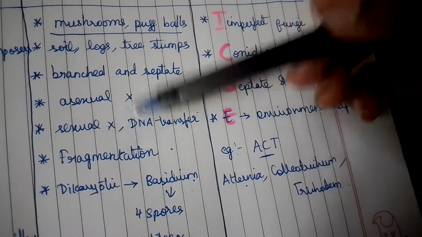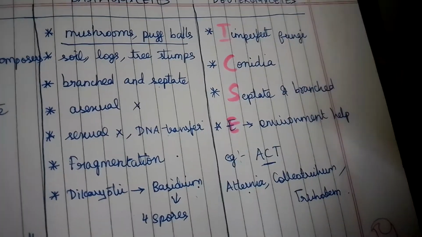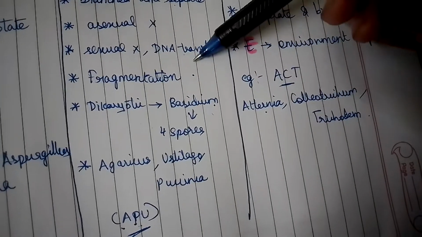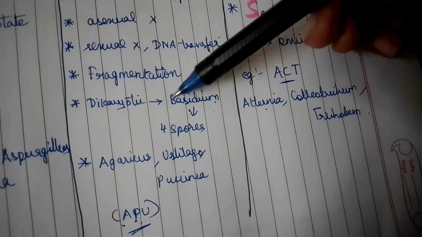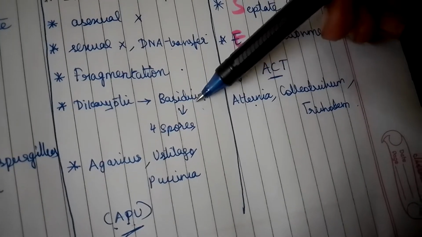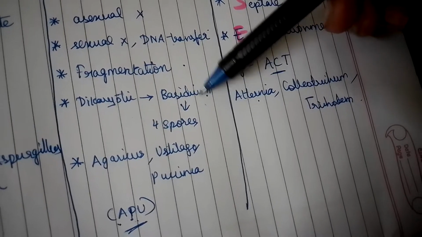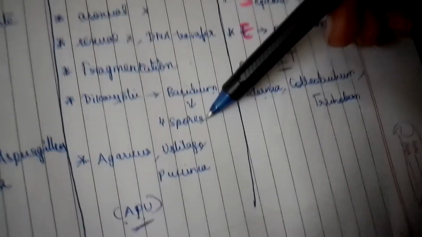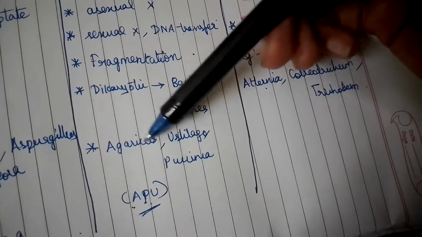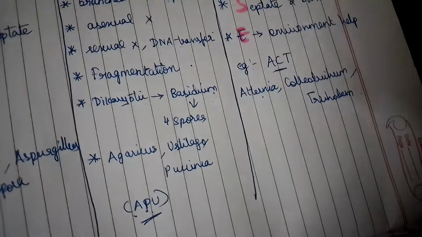Sexual reproduction will also not happen perfectly, but the DNA transfer is there, and vegetative propagation by fragmentation is seen. The resultant structure is dikaryotic, which gives rise to the basidium. In the basidium, karyogamy and meiosis take place, which produce 4 basidiospores. Example is Apu: Agaricus, Puccinia and Ustilago.